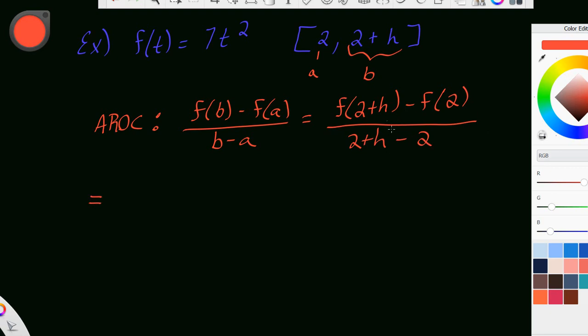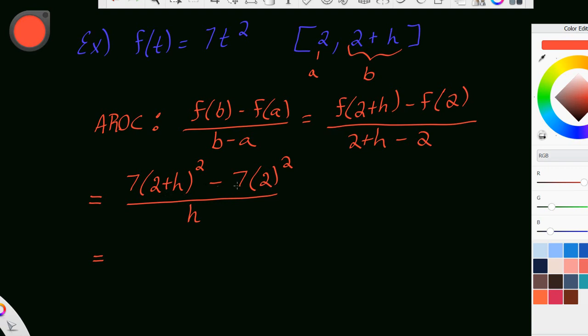When we take that 2 plus h and we plug it into our function, what we are going to get is 7 times 2 plus h squared minus, so we have to take 2 and plug it into there, so that's going to give us 7 times 2 squared, all divided by, now on the bottom I have the 2 and the negative 2. Those are going to cancel out, so I'll just have an h left.